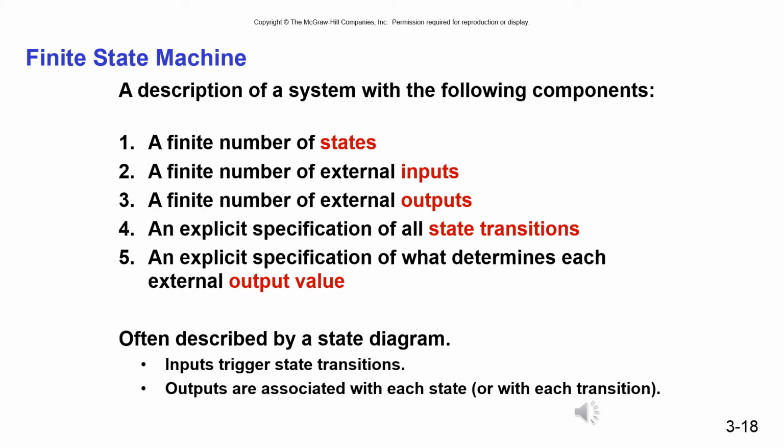In essence, we could build a state diagram for a computer, but it would be massive. Inputs typically trigger state transitions, and outputs are associated with each state or with each transition.